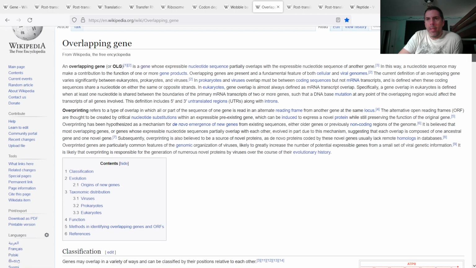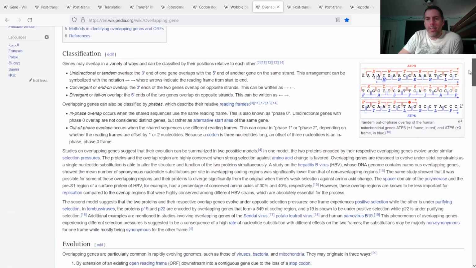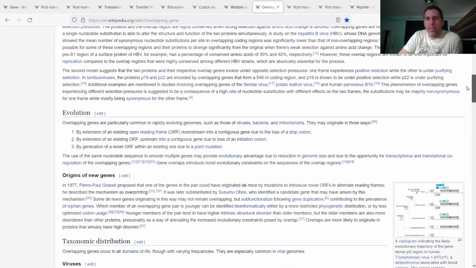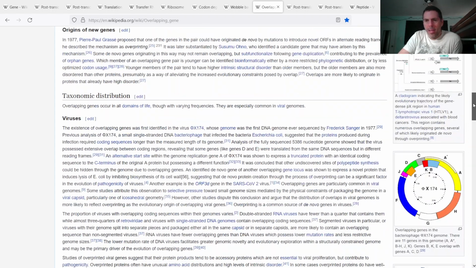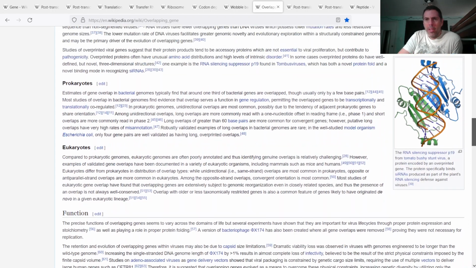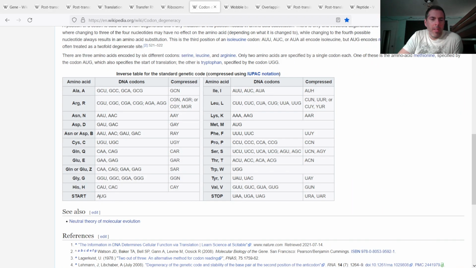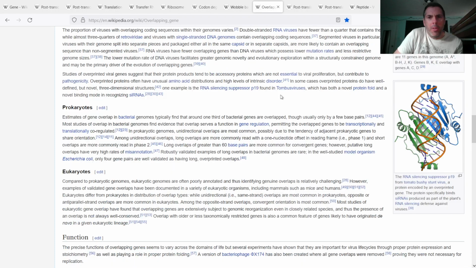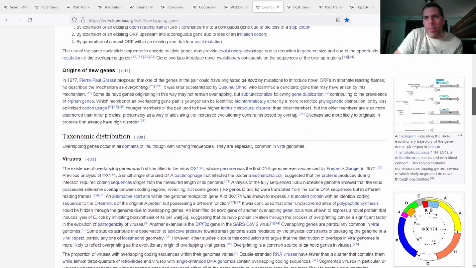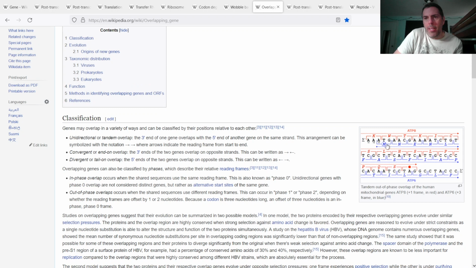So in order to start translation, the ribosome is finding this start site before it's going to start appending amino acids. So there's a frame that it's looking for. You can see here these different frames that are available.